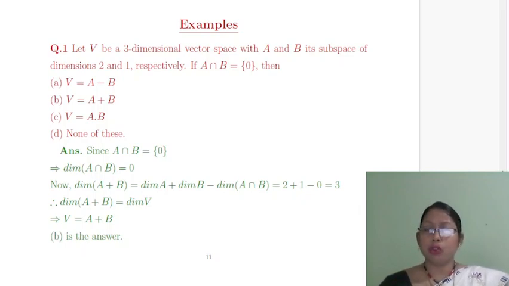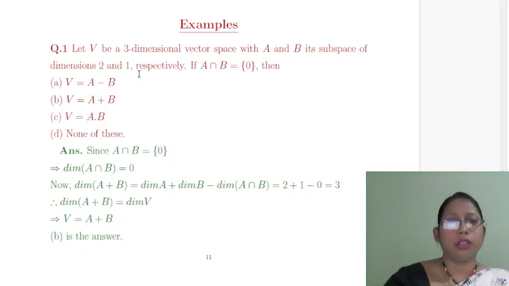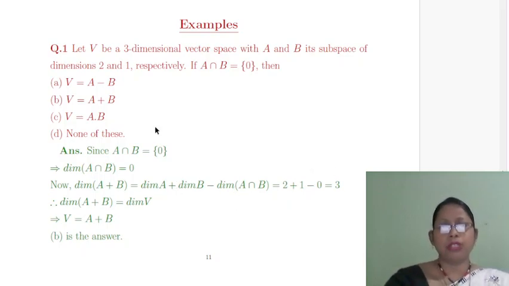Now the dimension of A plus B can be written as dimension of A plus dimension of B minus dimension of A intersection B. Here in the question, dimension of A is 2, dimension of B is 1, and dimension of A intersection B is 0. Putting the values in the right hand side of this equation, we get dimension of A plus B equal to 3, which is equal to dimension of V.